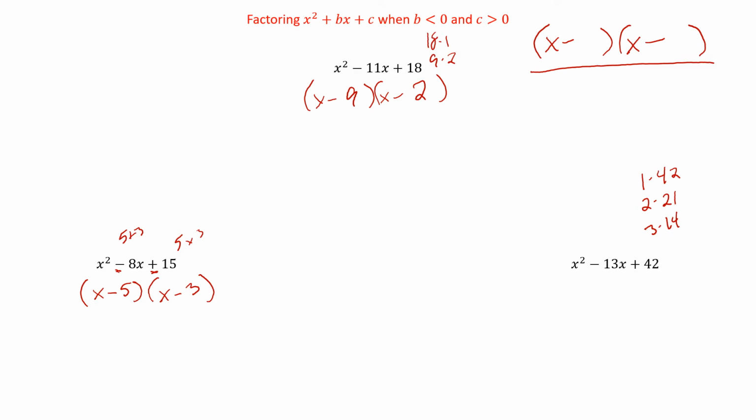We're getting closer. 4 doesn't go into 42, neither does 5. 6 does. This is 6 times 8. Nope, 6 times 7. Whew, that was a close one. 6 times 7, 6 plus 7 is 13. There we go.